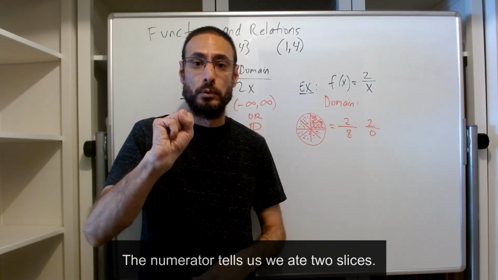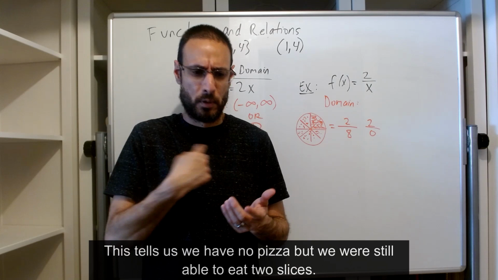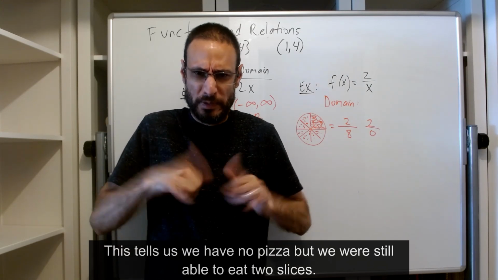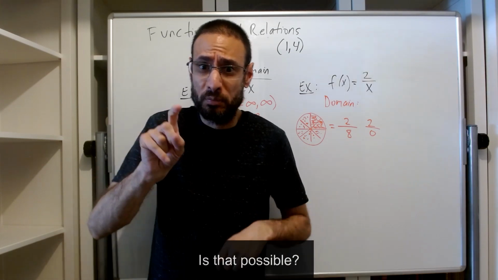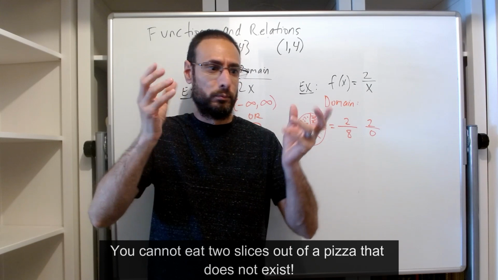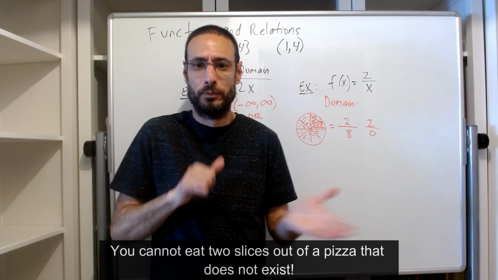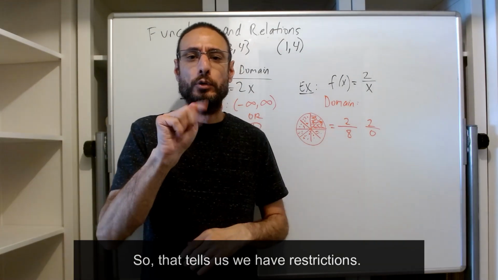The numerator tells us we ate 2 slices. This tells us we have no pizza but we were still able to eat 2 slices. Is that possible? You cannot eat 2 slices out of a pizza that does not exist. It is impossible. So, that tells us we have restrictions.